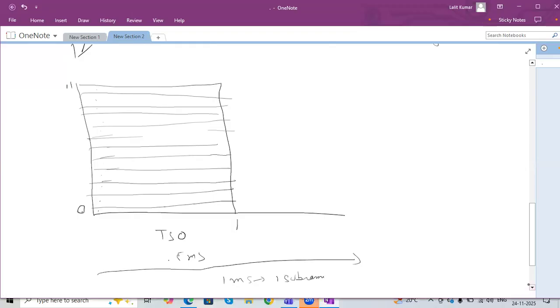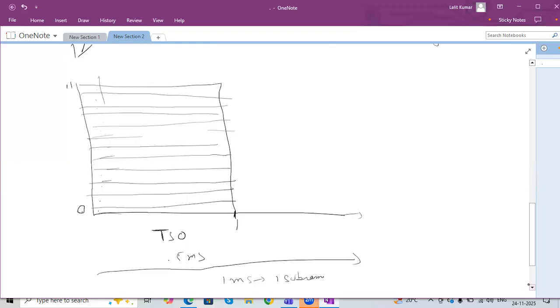In this time domain, half of that subframe, 0.5 millisecond, is called TS0. So in a resource block, only till 0.5 millisecond will be considered, and the subframe will go till 1 millisecond. And this time domain is further divided.